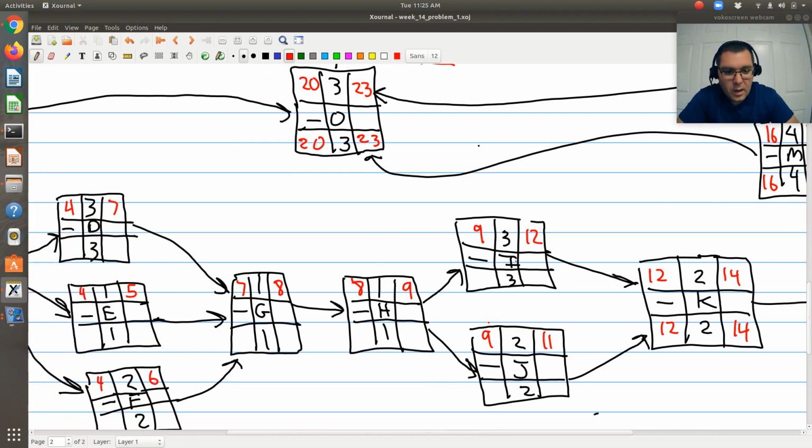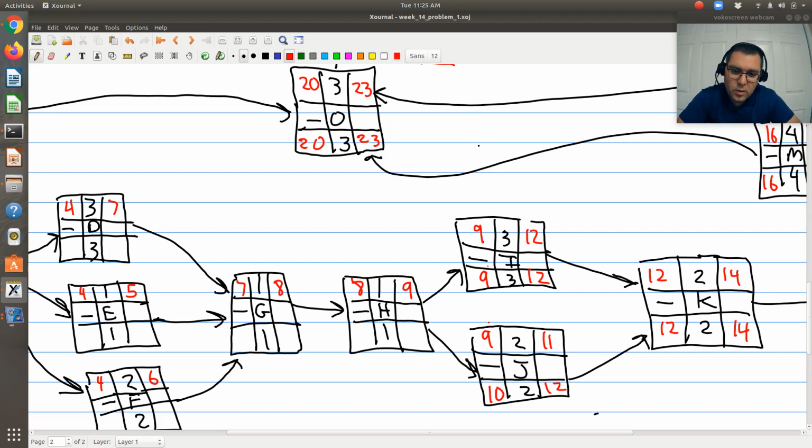K has a precedence of I and J, so I and J both need to be completed by day 12. I has a duration of 3, so it needs to begin by day 9. J has a duration of 2, so it needs to begin by day 10.